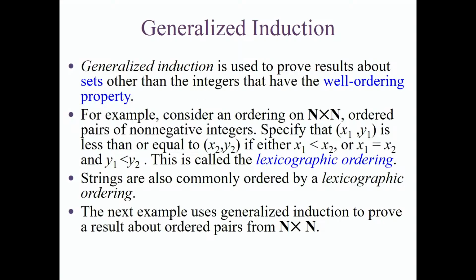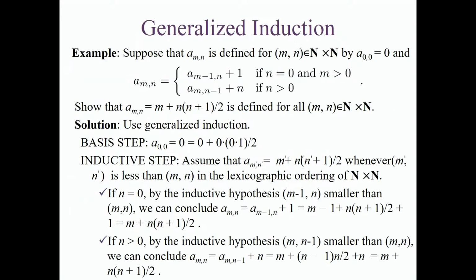Next, let's see more examples of how we apply generalized induction. We have mentioned that generalized induction is usually applied to sets other than integers, if we want to consider their lexicographic ordering. Let's see this example. Suppose we have a(m,n) defined for the ordered pairs m, n. a(0,0) is 0, and for the term a(m,n) we have two different definitions.